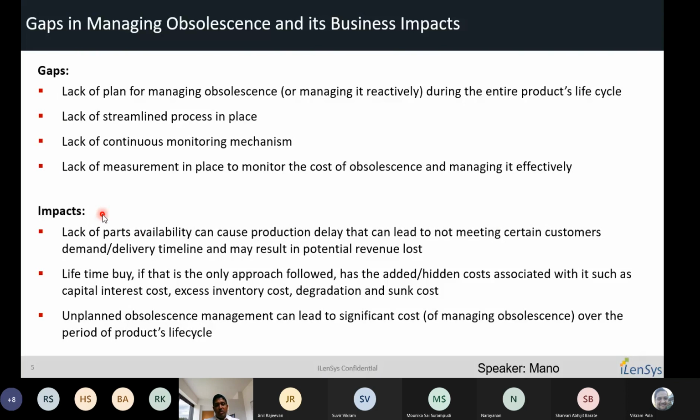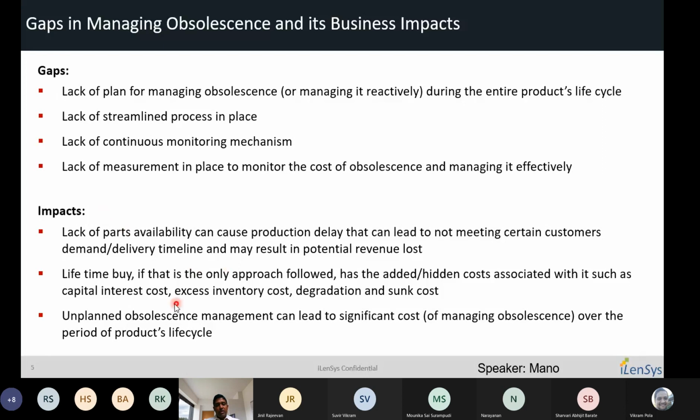In the worst case scenario, you are not able to deliver your product on time, and that can lead to a potential revenue loss. That is the major impact that we see with the lack of parts availability.